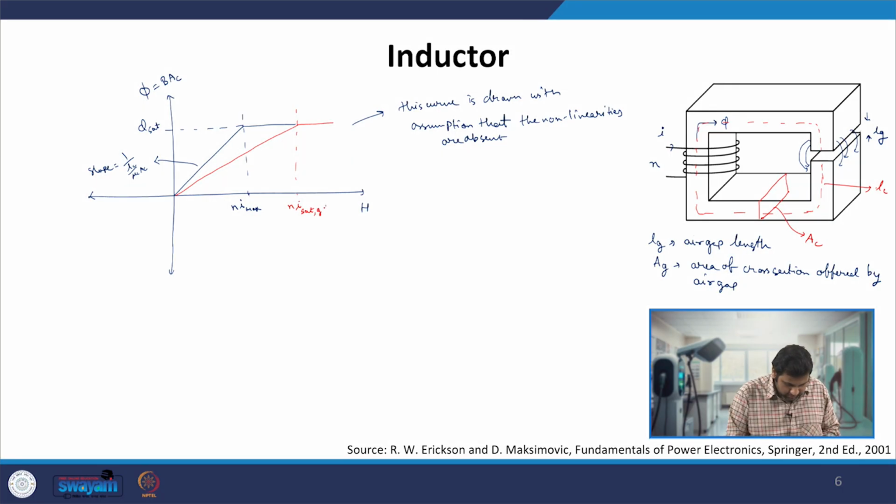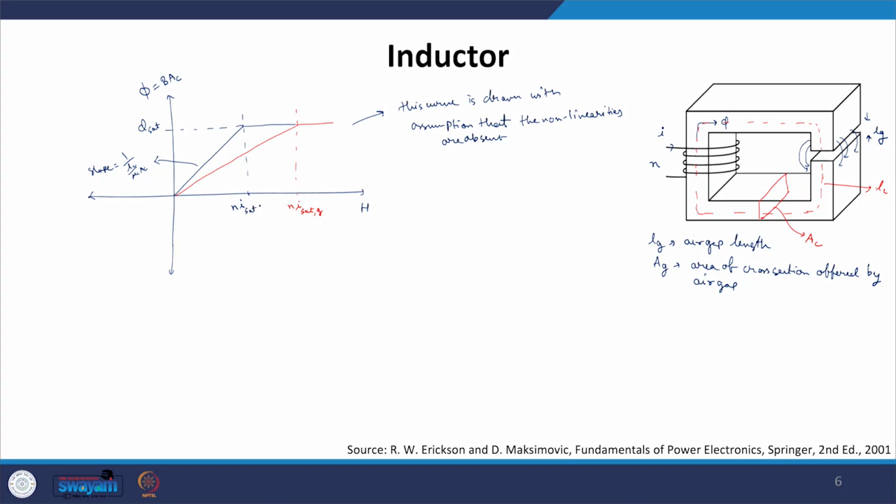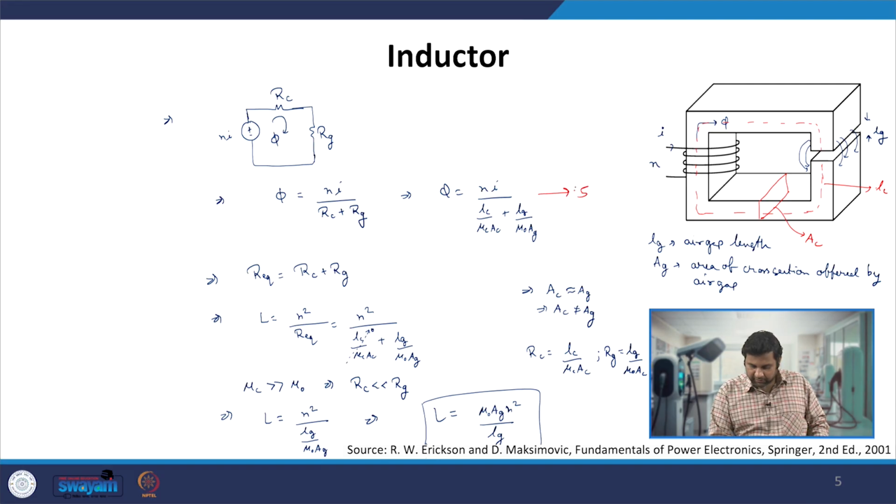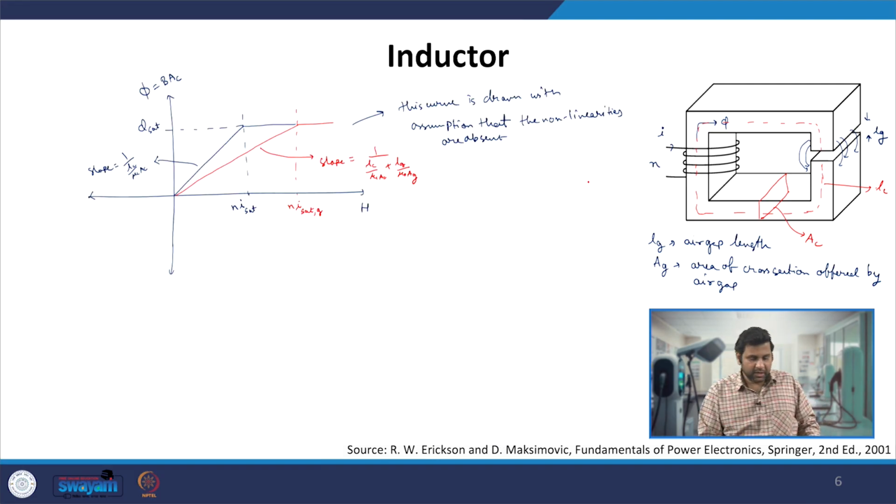Since the air gap has been introduced, the slope of this curve is nothing but 1 by Lc by mu c Ac plus Lg by mu naught Ag. This you can see from equation number 5. From equation number 5, this will be the slope between phi versus H, which is nothing but equal to Ni.